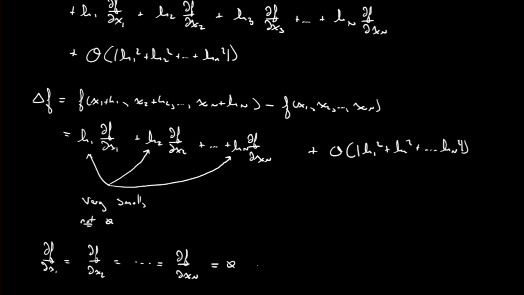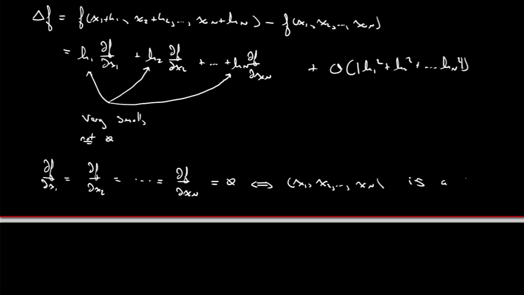If all of those vanish, we say the point x1, x2, dot dot dot xn is a stationary point of the function f, okay?